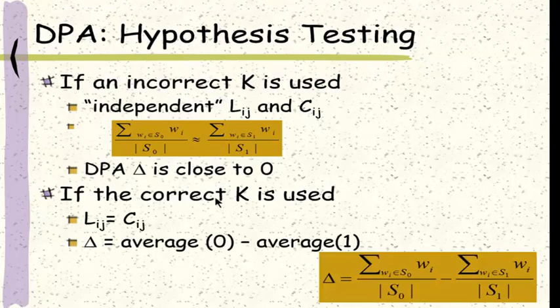This will result in a large gap between the average power for 0 and the average power or average current for 1. The difference is the delta, or the DPA value. So we can locate the correct key with high probability by looking at the key values that cause peak values in DPA.